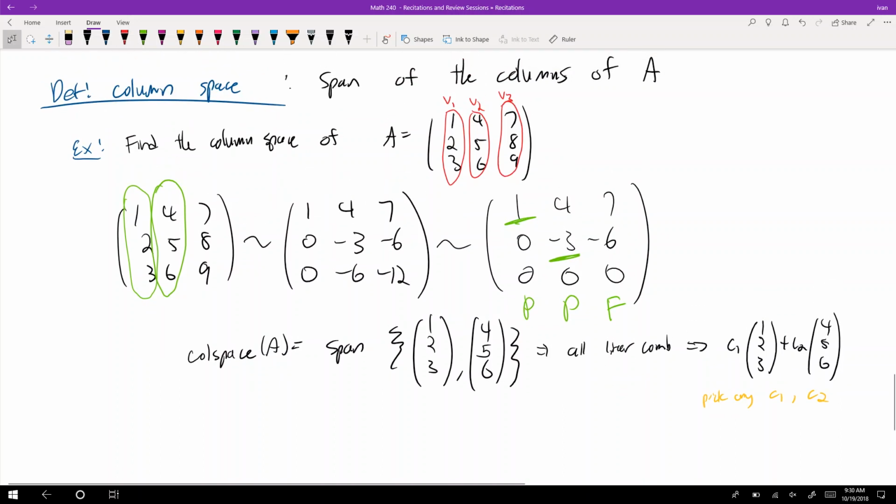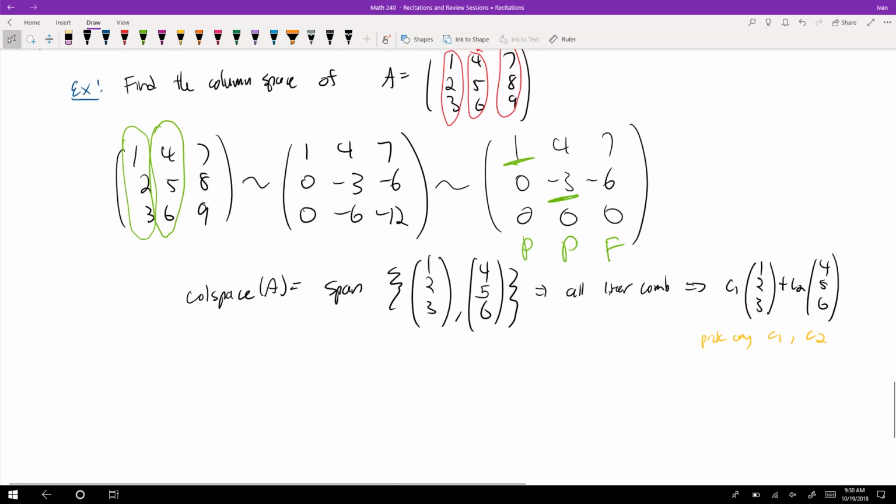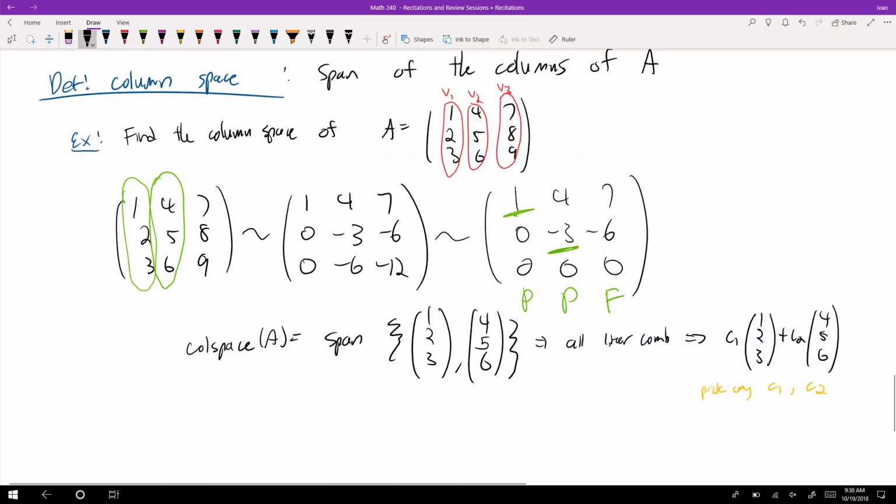All right. So remember that the column space is all values B can be such that AX equals B has a solution.